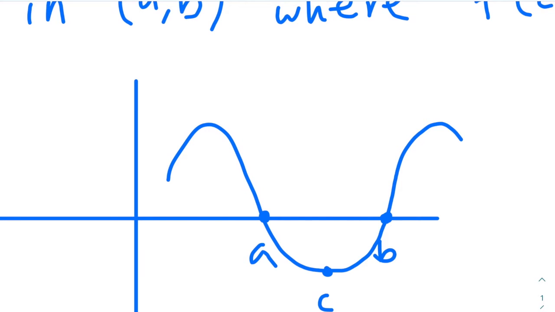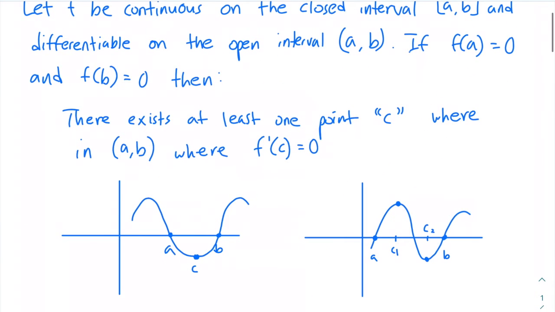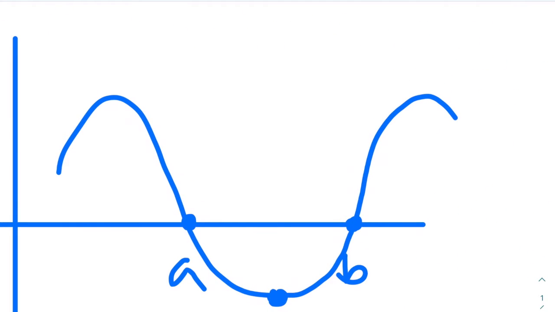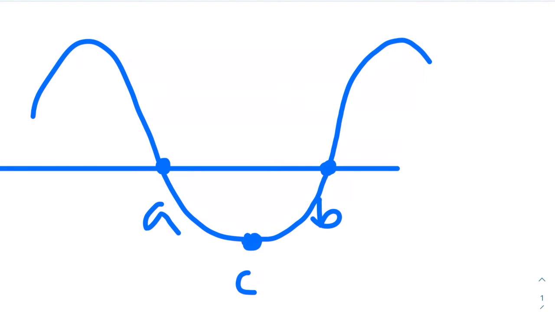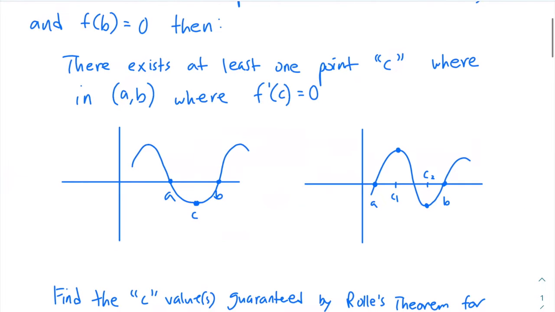At point c, the derivative is actually 0, because it's a turning point of this curved function. So in this case, Rolle's theorem works. We know that between a and b, the function is completely continuous and completely differentiable. Every single point has a derivative between a and b.